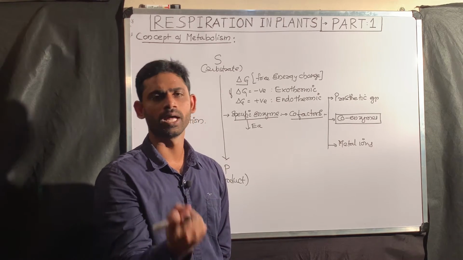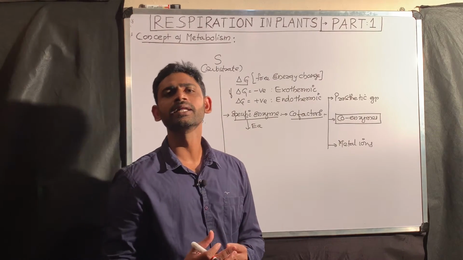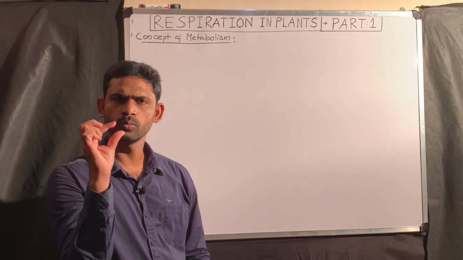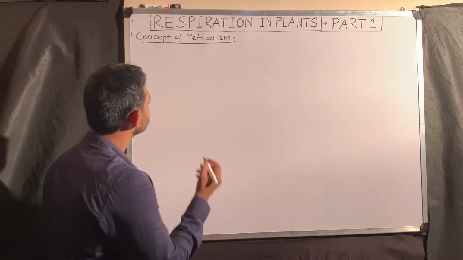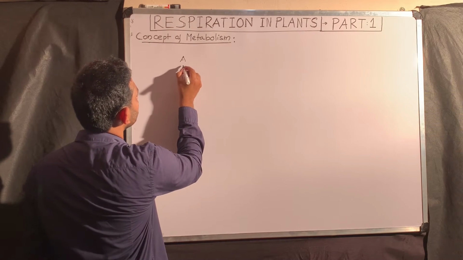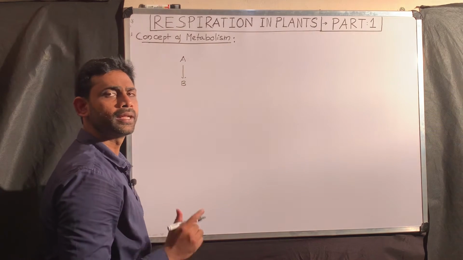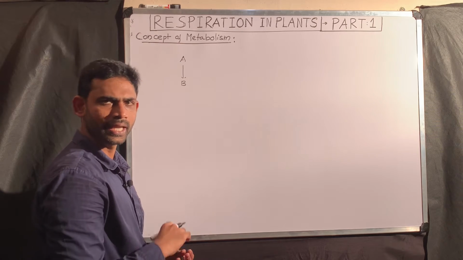This is one. Here this is about a specific biochemical reaction. After explaining about one biochemical reaction, for example, I am going forward. Substrate A is converted into B. This is one biochemical reaction. How it proceeds and what the requirements are, I already said.